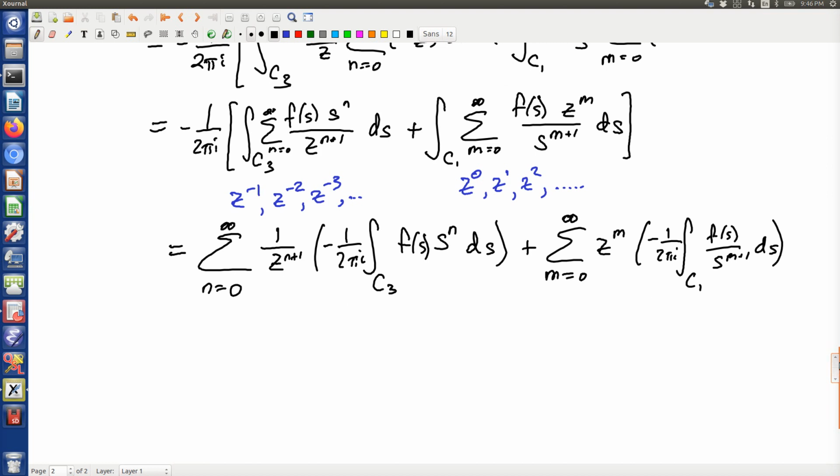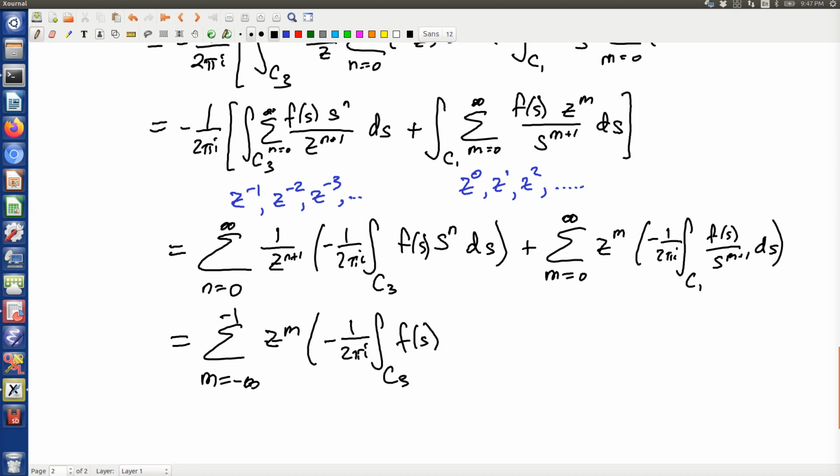So if I now string my indices together, re-index that first sum to go m equals minus infinity to negative 1, this is now going to be z to the m out front. Now what goes on inside here, of course, has to deal with that change as well, because now my n's have become m's.